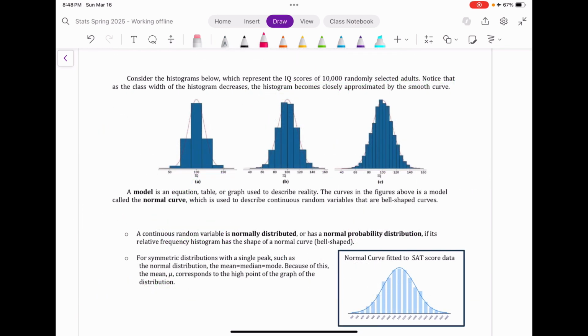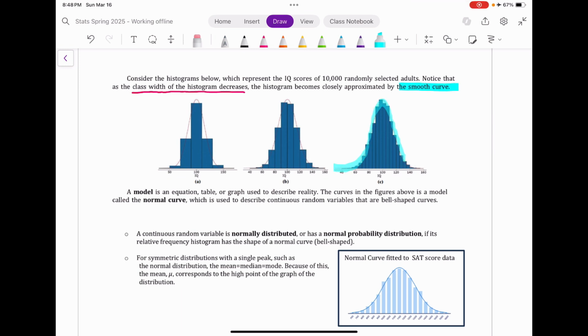Okay, next we're looking at histograms, which we saw back in chapter 2. Consider the histograms below, which represent the IQ scores of 10,000 randomly selected adults. Notice that as the class width of the histogram decreases, the histogram becomes closely approximated by that smooth curve right here.